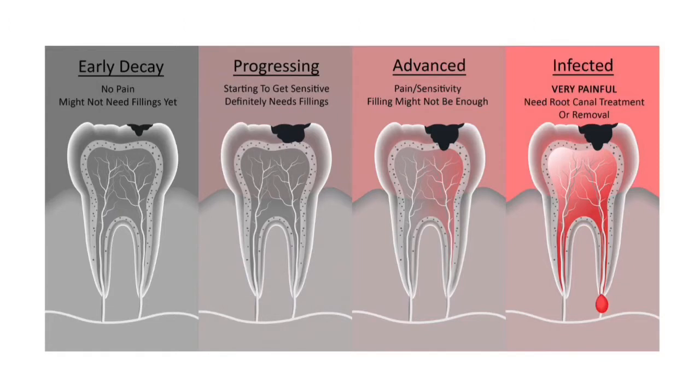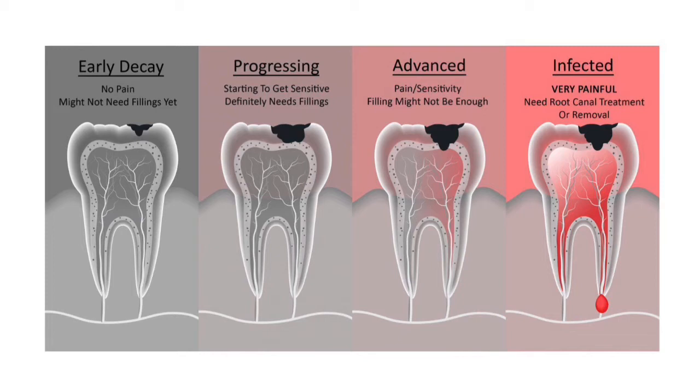Cold stimuli here would cause a heightened response which is lingering. By lingering, I mean when the stimulus is removed, the patient would still feel the pain for about 15 or 30 seconds and more, and that is the key factor in determining that the pulp is irreversibly damaged. That is the lingering pain.